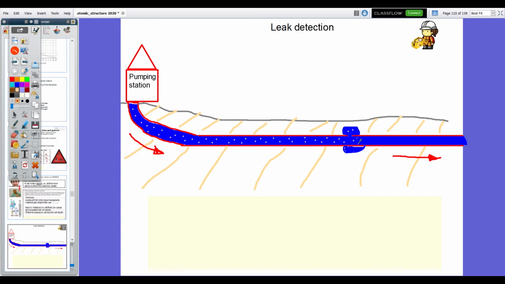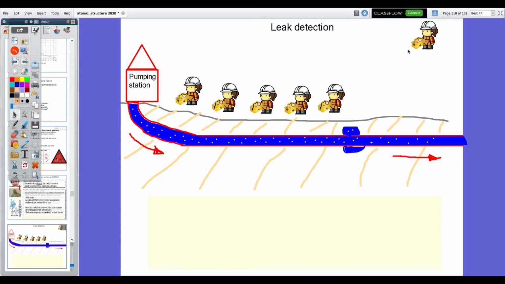Now, where is the leak? Once I know I've got my radioactive sources flowing along the pipe, I can bring in my engineer with a Geiger Muller tube. I've got numerous copies of the engineer here so I can show them up and down, and they can go to various positions along the pipe to see what happens. Round about here, if we use the right radioactive source, we're not going to get any reaction.